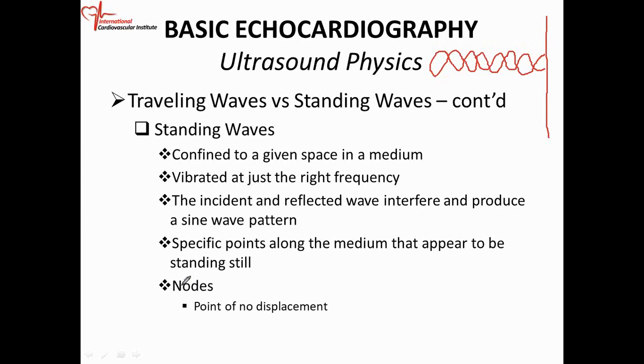So you're going to have crest meeting trough, and they're going to cancel each other out. That's what we call the node. A node is when crest meets trough and you have no displacement. And then there are antinodes.